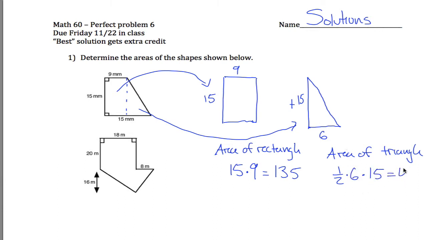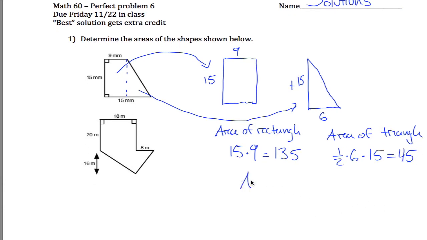And if you multiply all those together, I think you'll get 45. So what that means is that the area of the shape, this entire thing, well, there's 135 plus 45 more. 135 plus 45, which is equal to 180.